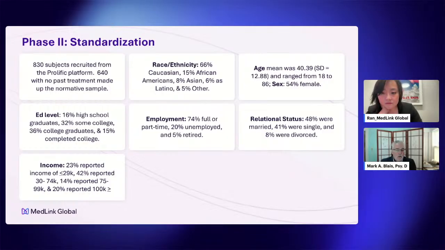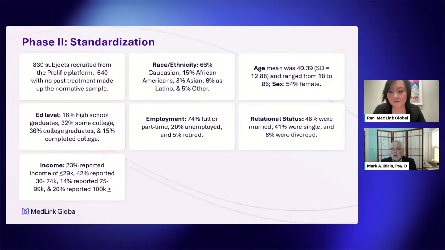Much better distribution of race and ethnicity. It's only 66% Caucasian. Mean age, again, is around 40. Standard deviation is 13. And the range was from 18 to 86. And now only 54% were female.